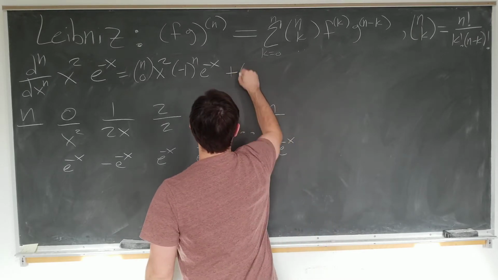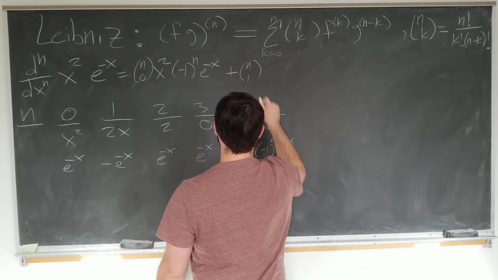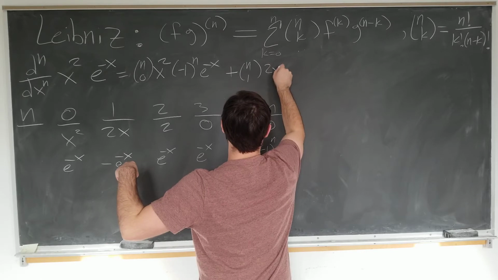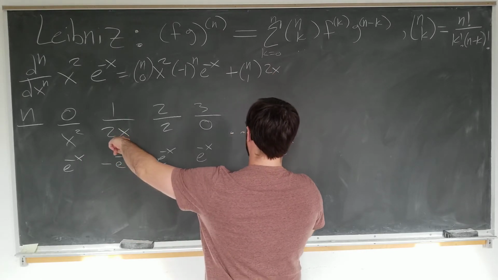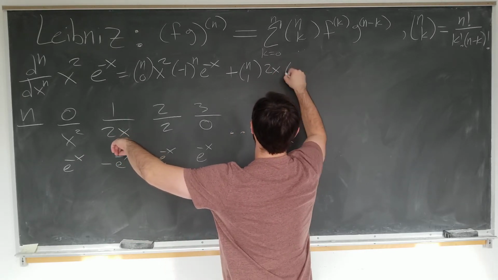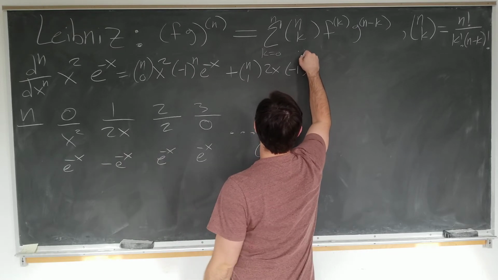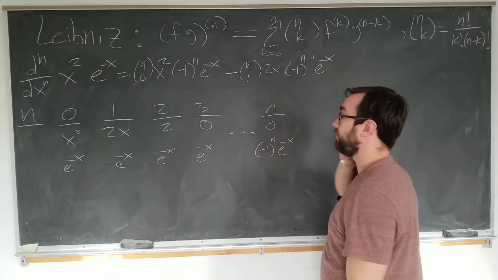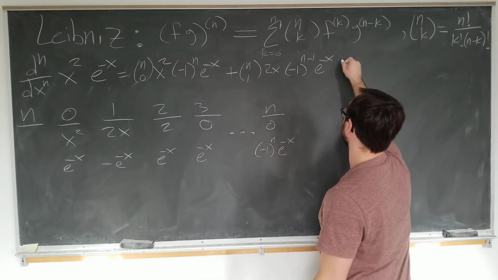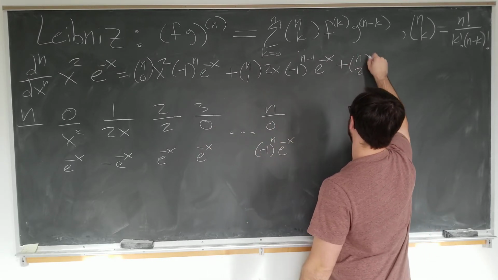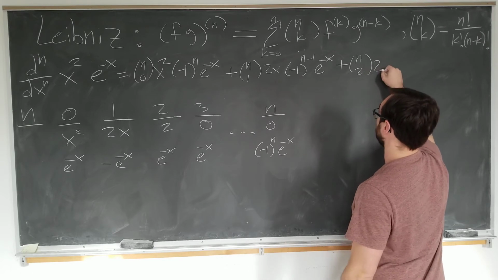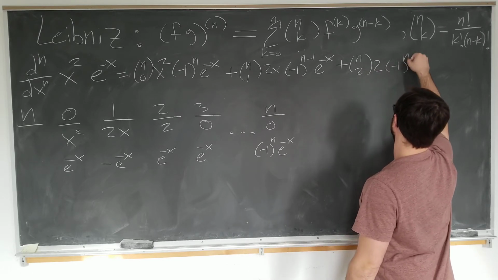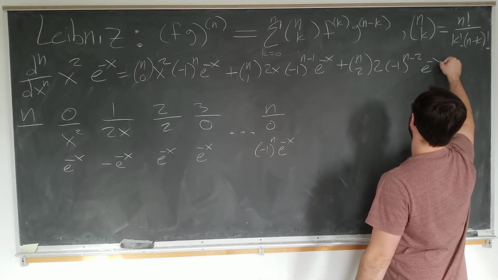And now we have n choose 1. Okay, now we have 2x, and we have the previous term here, which is (-1)^(n-1) e^(-x). And we get one more term in our expansion, plus n choose 2 times 2 times (-1)^(n-2) e^(-x).